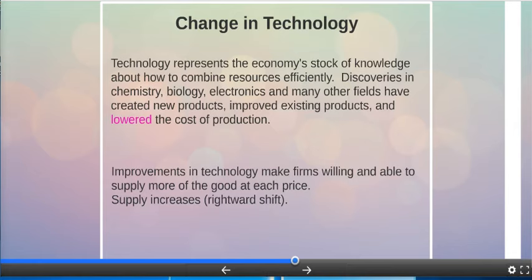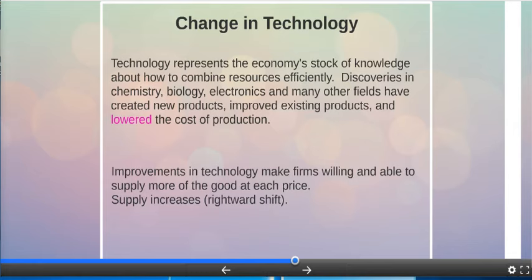For example, the first microprocessor, the Intel 4004, could execute about 400 computations per second when it hit the market in 1971. Today, a standard PC can handle more than 6 billion computations per second, or 15 million times what the Intel 4004 could handle.